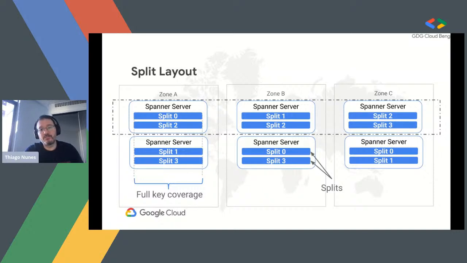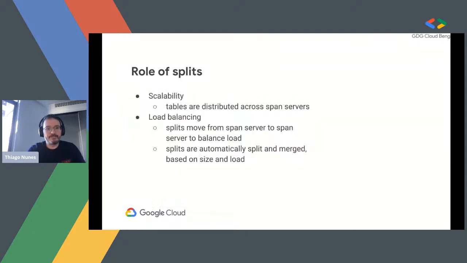Now, you can have this different configuration of splits because your load might be different in the different zones that you have. So what Spanner does is it moves splits around in order to cope with your load. Okay, so in a nutshell, splits are a very important concept for Spanner.